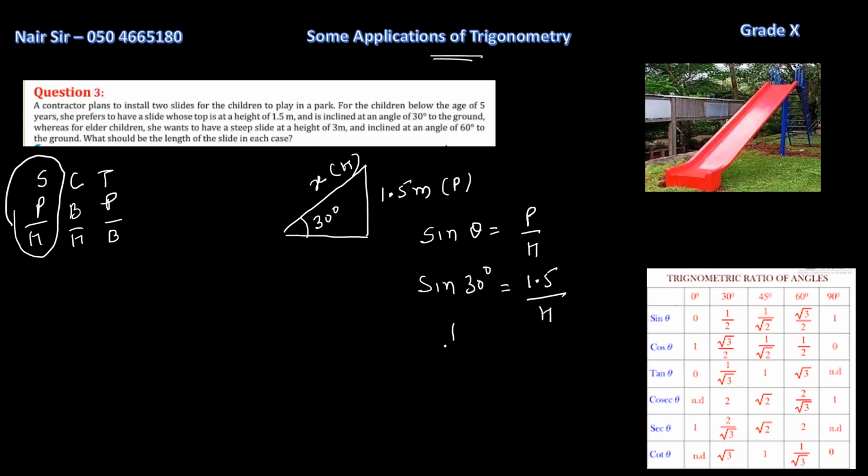So substitute: 1 upon 2 is equal to 1.5 upon hypotenuse. Transposing, this will go this side, this will go this side. Please don't make this mistake after so much hard work. Hypotenuse is equal to 1.5 multiplied by 2, and that is nothing else but 3 meters.